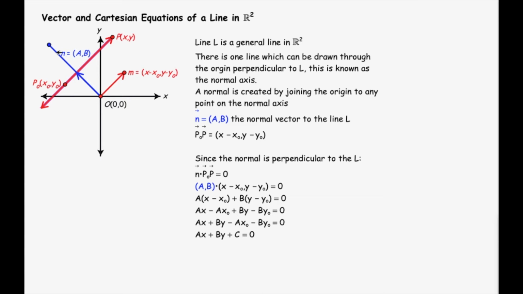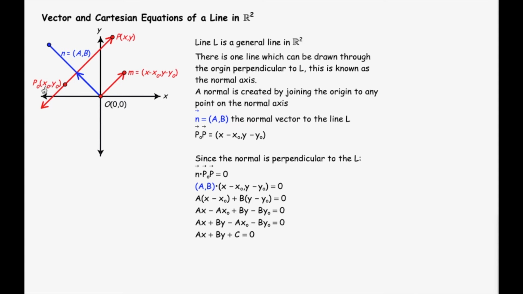This would be called the normal axis. And a normal itself could be created by joining the origin to any point on this particular normal axis. So I'm going to note that the normal could be written as a comma b, where a comma b is any point on the normal axis.